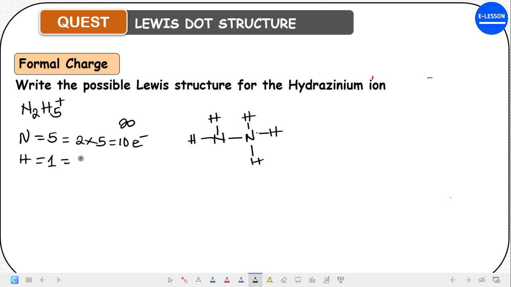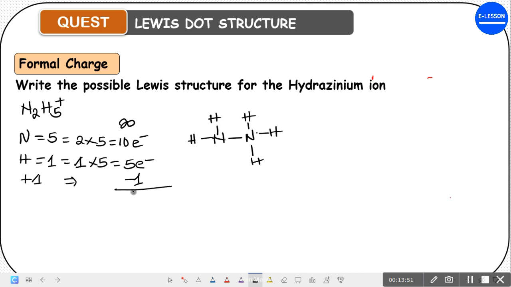So this is 1 times 5, which is 5 electrons. Now this plus here means subtract 1 electron from the sum. So this 10 plus 5 is 15, minus 1 is 14. So total here we have 14 electrons.